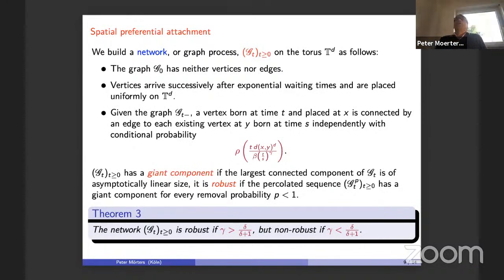So the interesting regime is when this is heavy-tailed, and instead of taking just s to the minus gamma, you could also use a regularly varying function there.